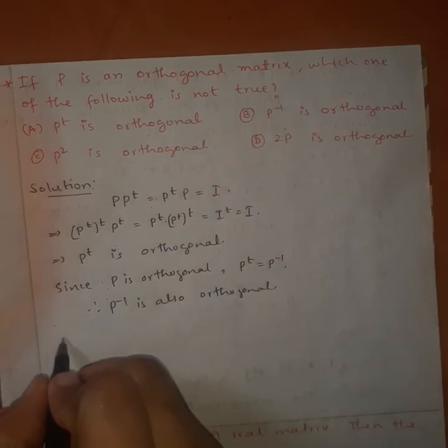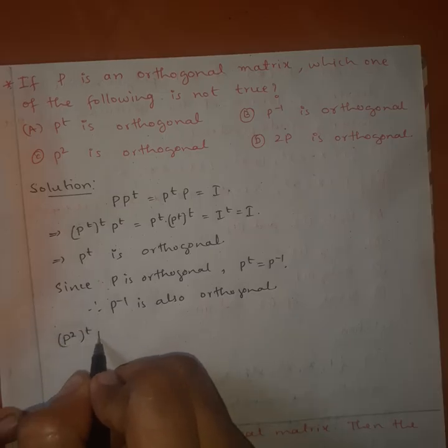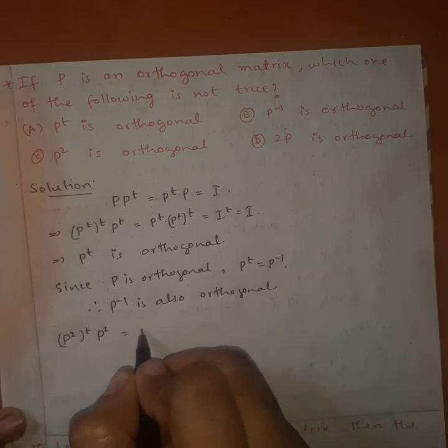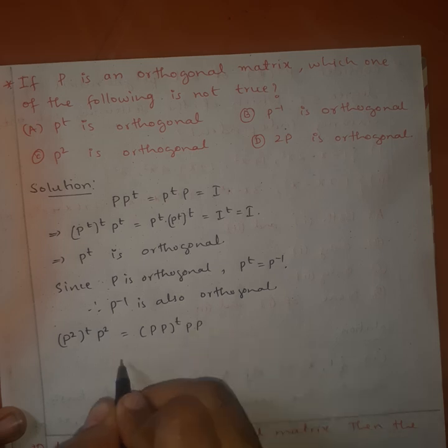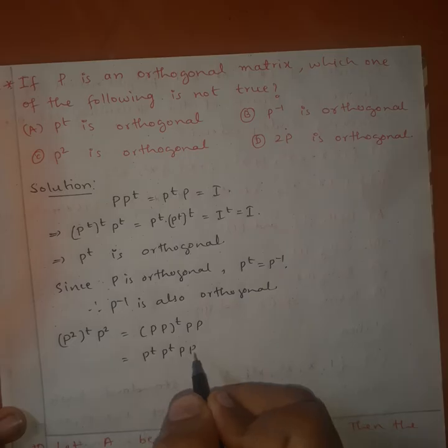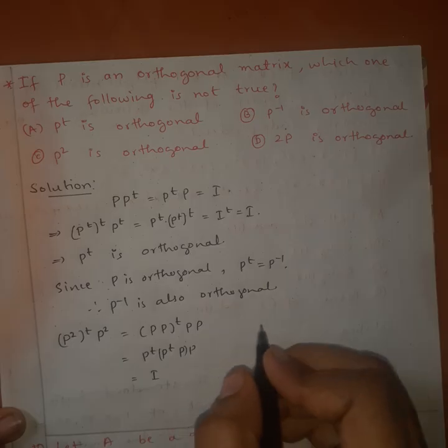Now let us check P square. P square transpose into P square gives P transpose into P transpose into P P, so this is P transpose into P, which is identity.